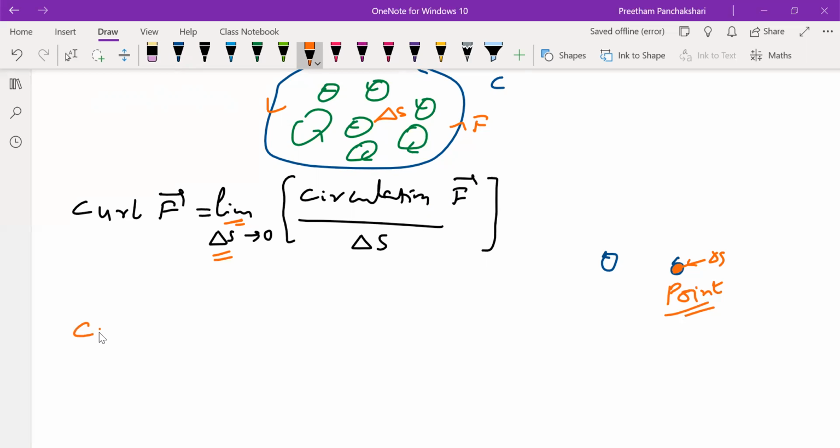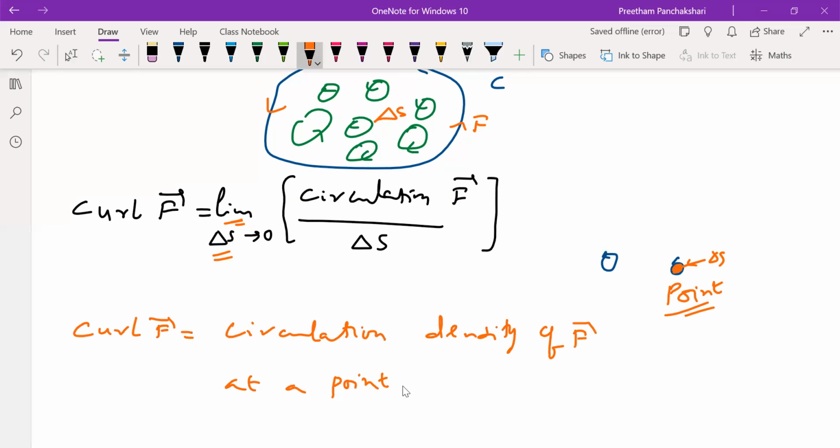So physically, curl of any vector is circulation density, or circulation per unit area, of the vector F at a point. That means the word curl cannot be used when we try to explain the revolution of an object of larger area or a larger closed path.